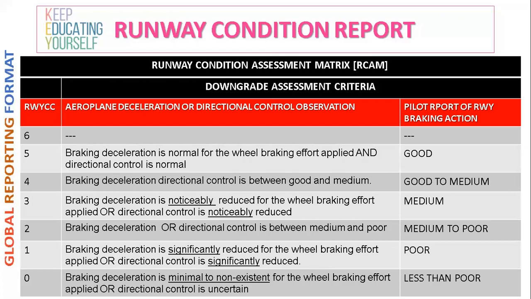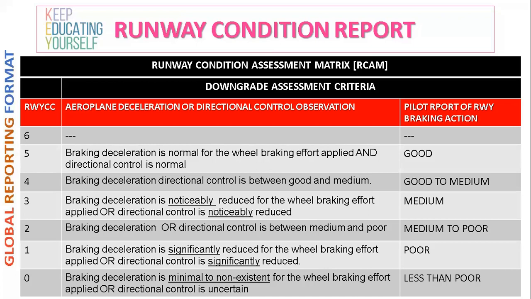If the runway condition code is 3, then braking deceleration is noticeably, I will repeat again, noticeably reduced for the wheel braking effort applied, or directional control is noticeably reduced. Any one can happen. And the pilot will report braking action as medium.